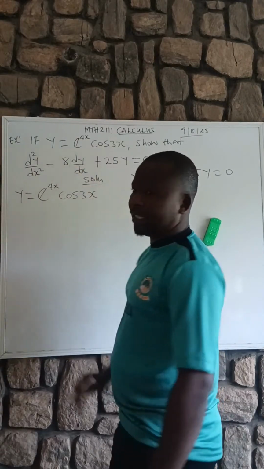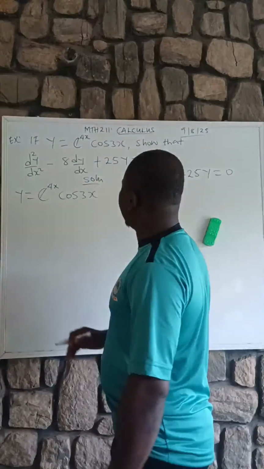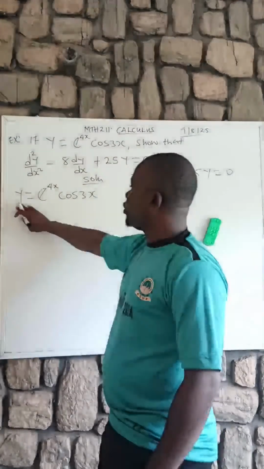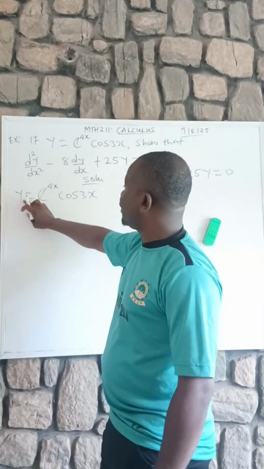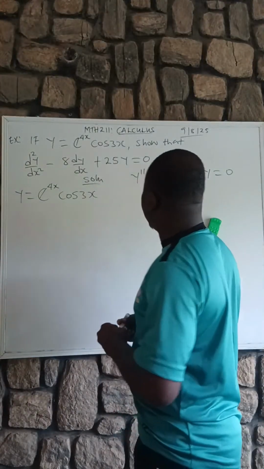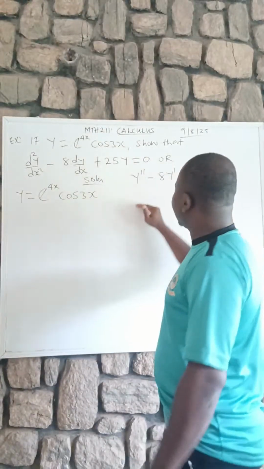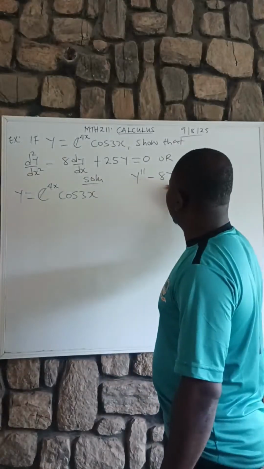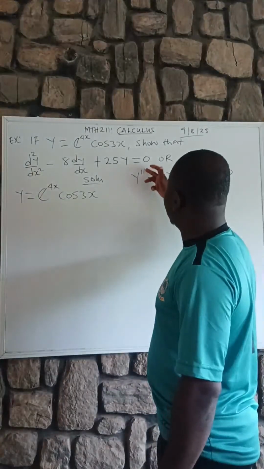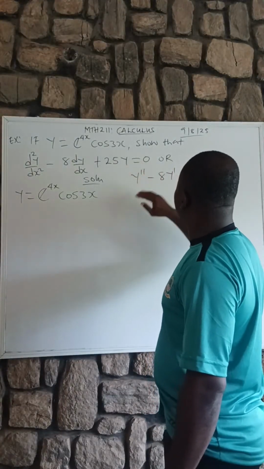This is the same thing as this. So what we need to do is differentiate this function. What is the order of the differential equation? It is a second order differential equation. True or false? Why? Because we have y prime prime. True or false?